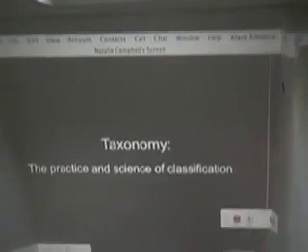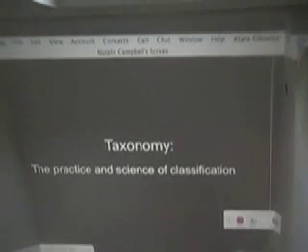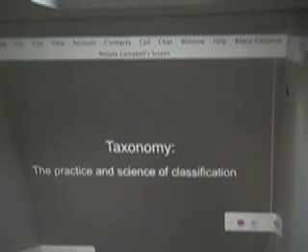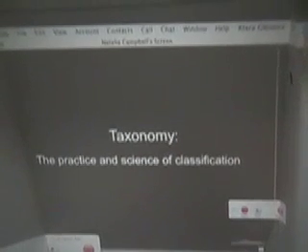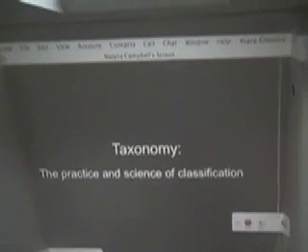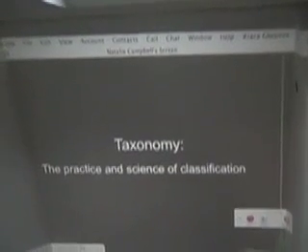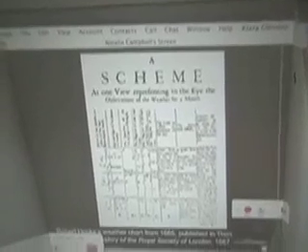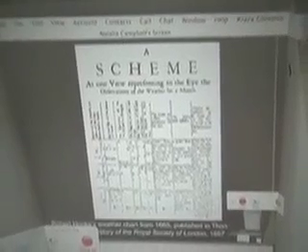What we're talking about is the history of cloud taxonomy, the practice and science of classification. And the first attempt to classify scientifically was in 1665 by Robert Hooke, who identified these categories: clear, checkered, hazy, thick, hairy, watered, waved, and lowering.